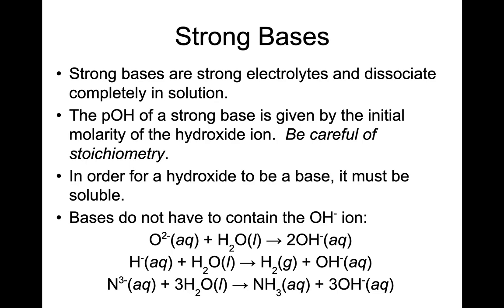Every 1 mole that dissolves creates 2 moles of hydroxide. So the concentration we would use for our pOH needs to be twice the concentration of oxide ions that were dissolved because they are creating 2 OH ions apiece.